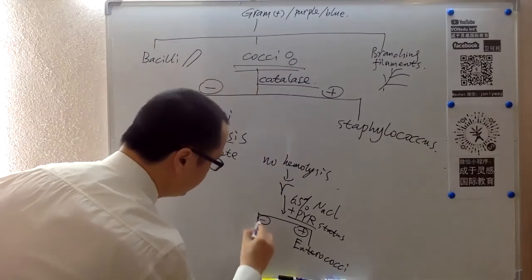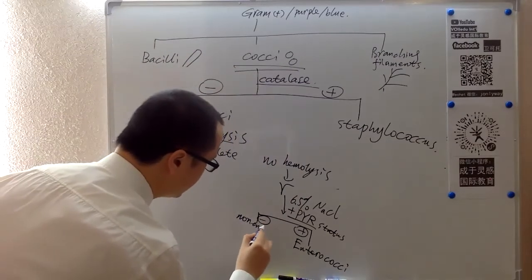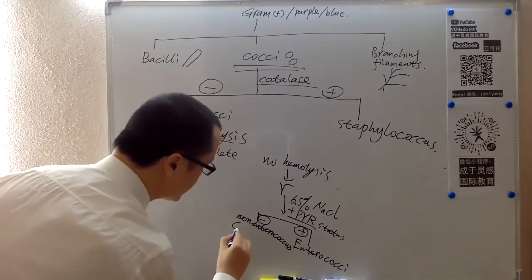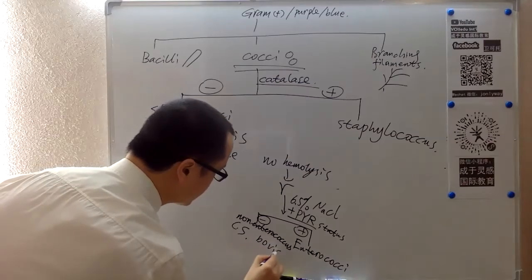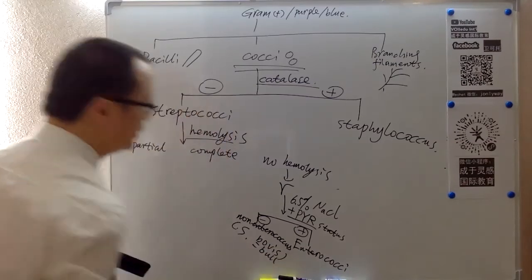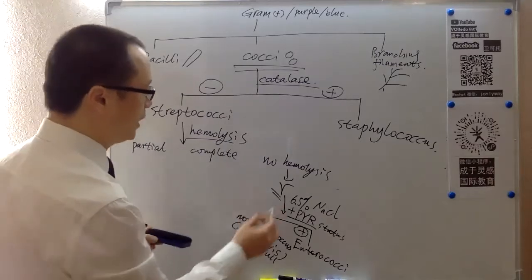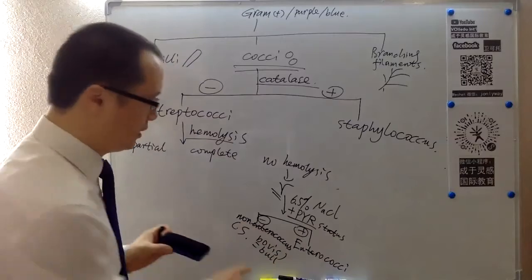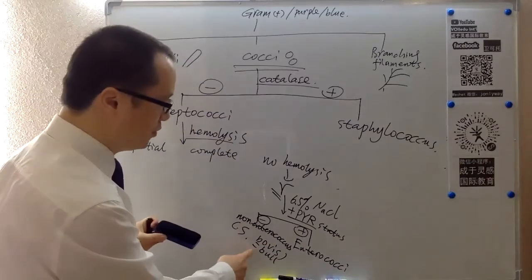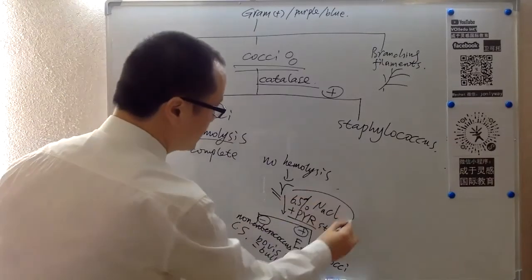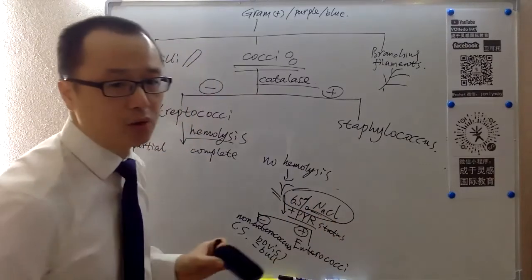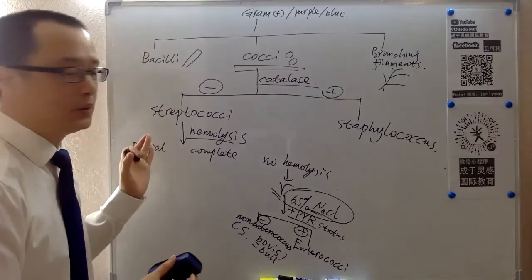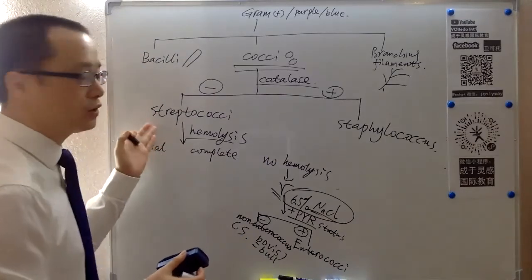If it is negative, it is non-enterococcus, such as Streptococcus bovis. Bovis means bull. So gamma can be separated into enterococci and non-enterococci by 6.5% sodium chloride as well as the PYR status. That is all of the introduction of the streptococcus.